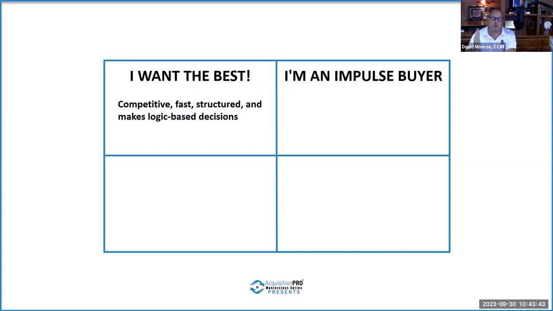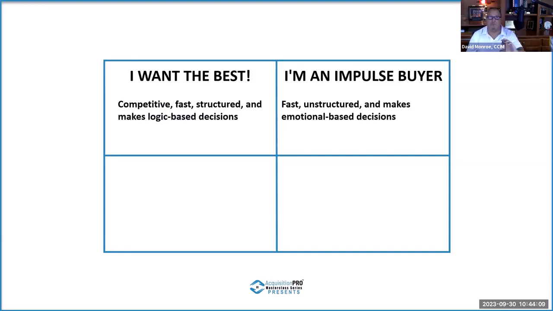They need to have so many thousands of cars per day going by because they're attracting impulse buyers. These are fast, unstructured, and makes emotional-based decisions. Okay? They don't make logic-based decisions. They make emotional-based decisions. That doesn't necessarily mean that's good. It just means they're really quick.